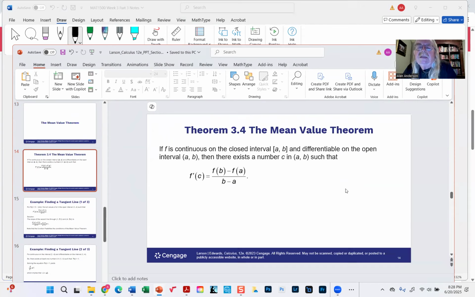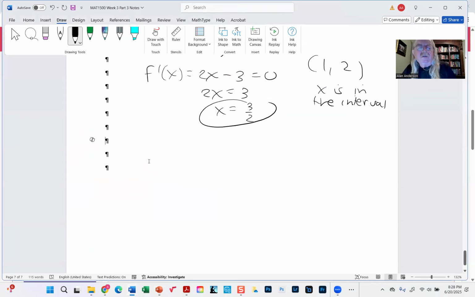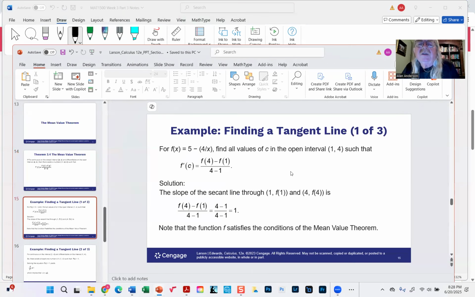And so it's not trying to tell us where the tangent line is horizontal, but what they're saying is that there must be a point where this relationship holds. So it's a little bit more general than Rolle's theorem. And so there's a picture, a graph here.